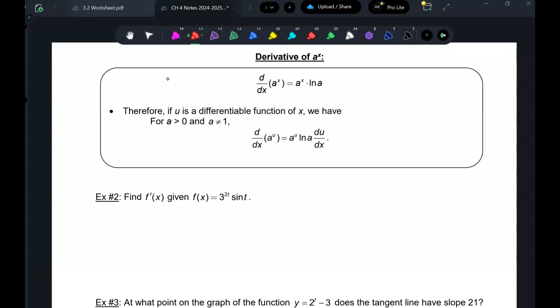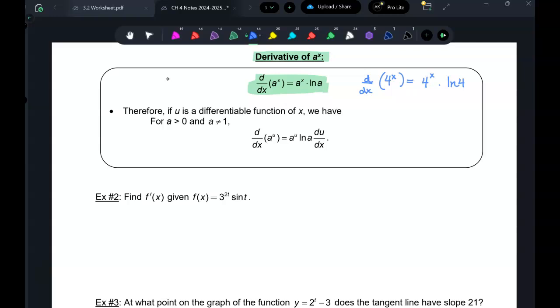Okay, derivative of a to the x. So that just means any base other than e. So for example, if it was the derivative of 4 to the x, that would just be 4 to the x times natural log of 4.